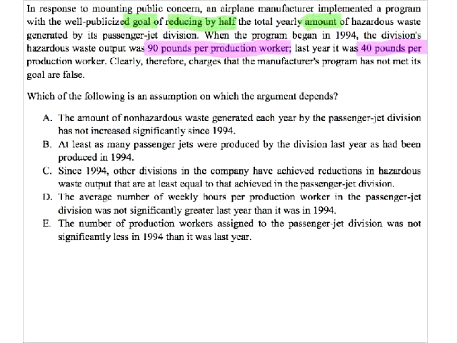And last time it was 40 pounds per production worker. Notice all the words here. Charges that the program has not met its goal are false. What that means, in short, is that the program has actually met its goal. Charges that it has not met its goal are false. Therefore, it's met its goal.